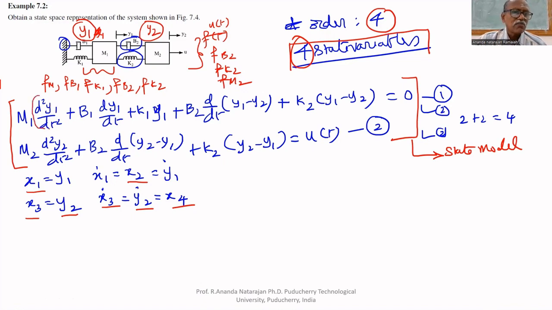Here, this is equal to what? Second derivative of Y1 is X2 dot, or we can say that it is X1 double dot, the second derivative, because X1 is Y1.